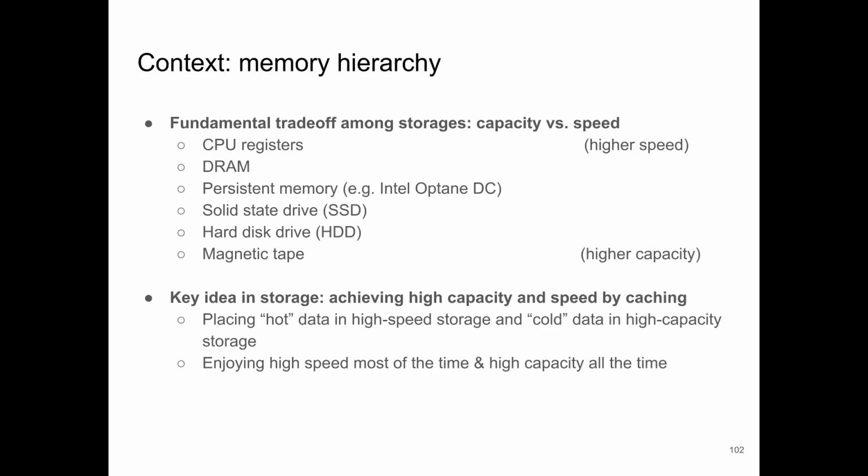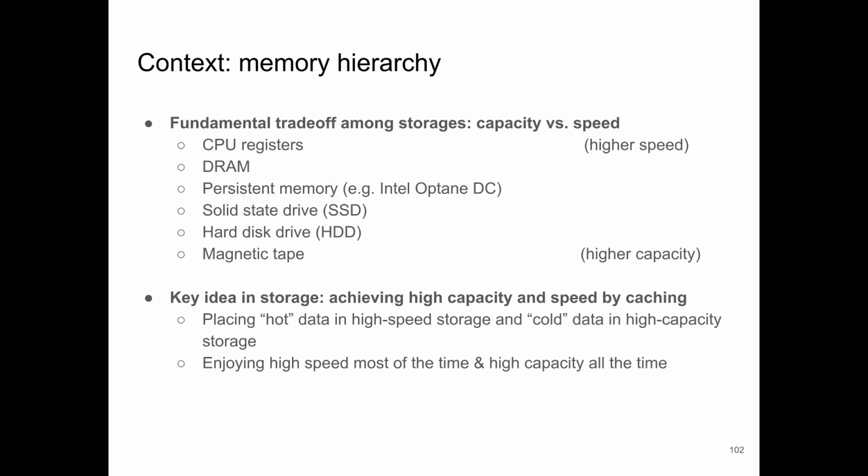A typical hard drive has 250 megabytes per second throughput, which is much lower than DRAM, which usually has multiple hundreds of gigabytes per second. Okay, so there's a fundamental trade-off of storages: capacity versus speed.